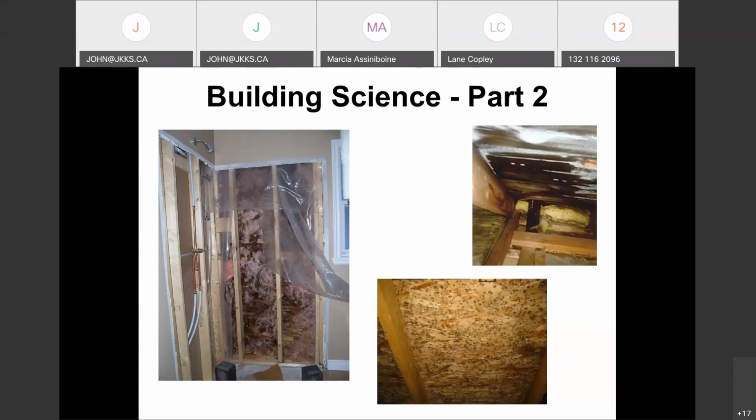The studs look in pretty good condition, as does even the bottom plate there. So we can see that certainly they caught it not later than sooner, but at least they caught it before it caused a lot more damage to the wood framing.